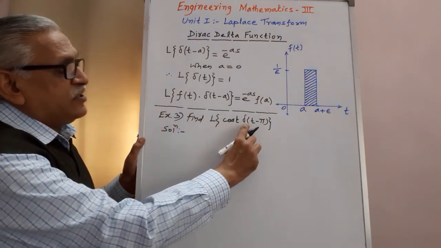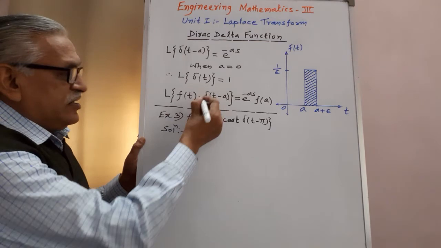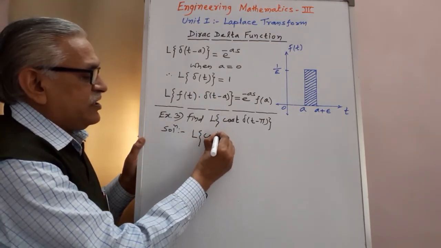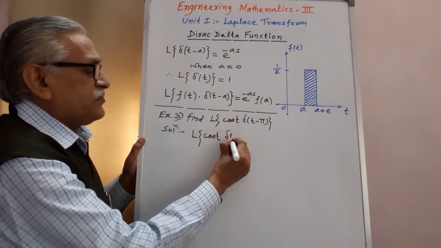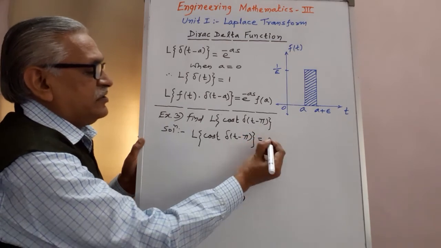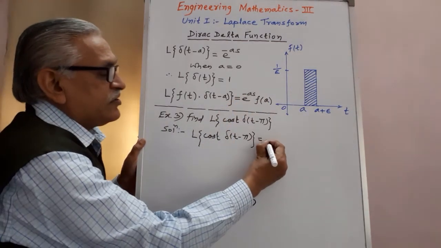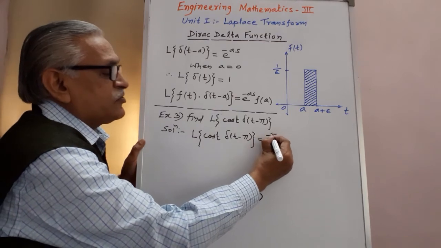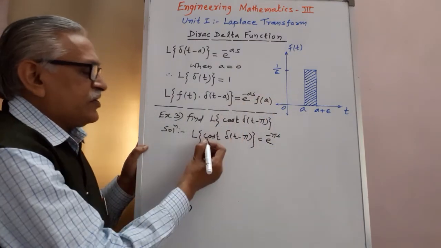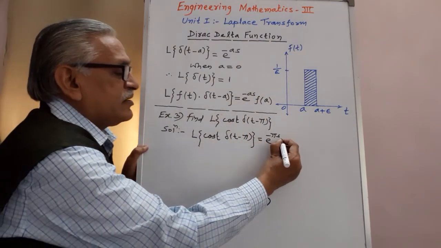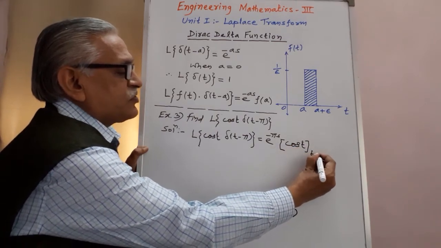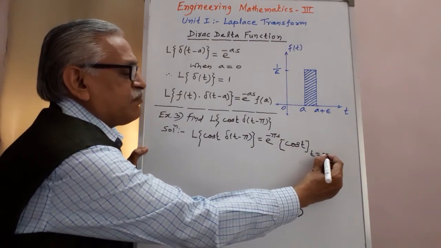Here f of t into delta of t minus a, applying this result, we have Laplace transform of cos t into delta of t minus pi is equal to e raised to minus as, a is here pi, therefore e raised to minus pi s, into the value of the function at t equals pi, that function is here cos t, at t equals a, which is here pi.